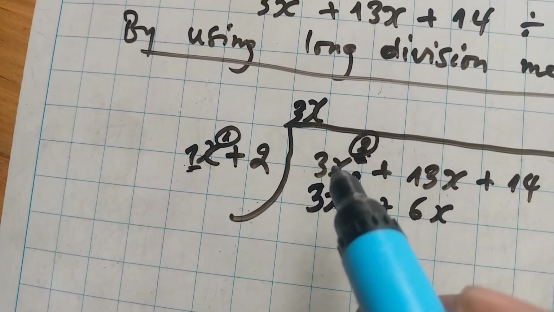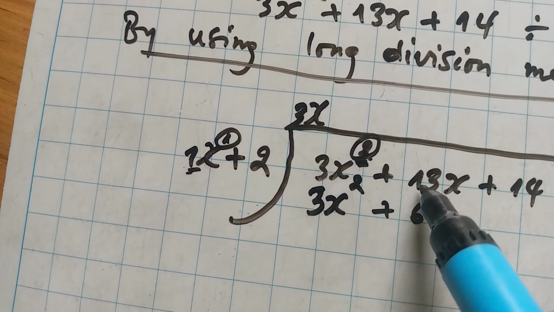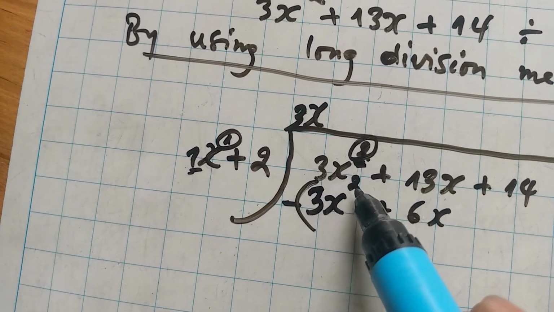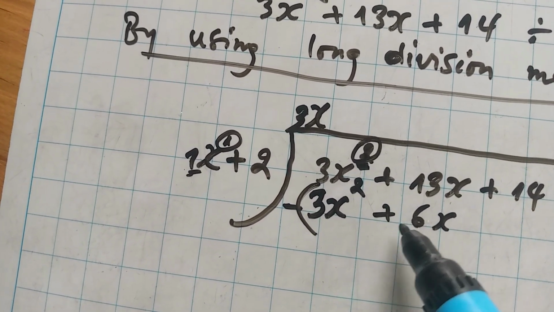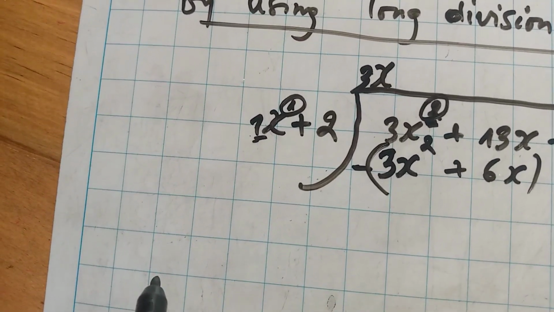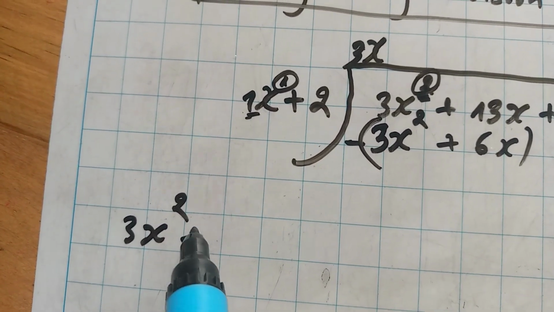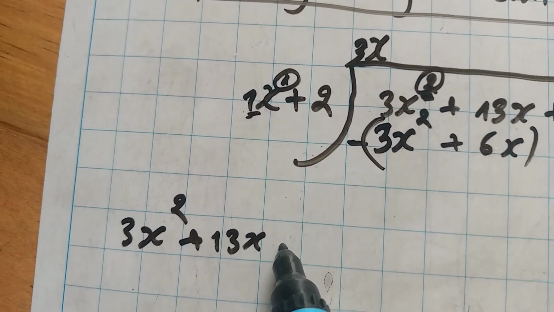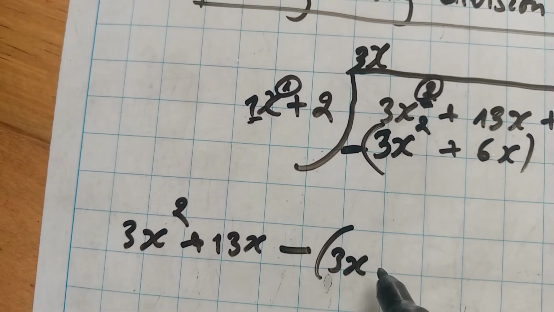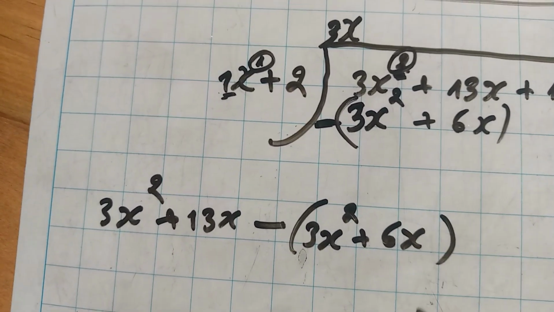So now we have to take 3x squared plus 13x, then minus 3x squared plus 6x. You see, we have 3x squared plus 13x minus 3x squared plus 6x.